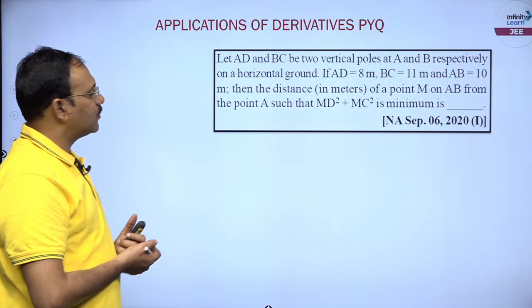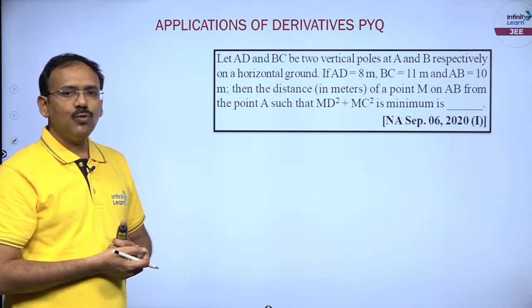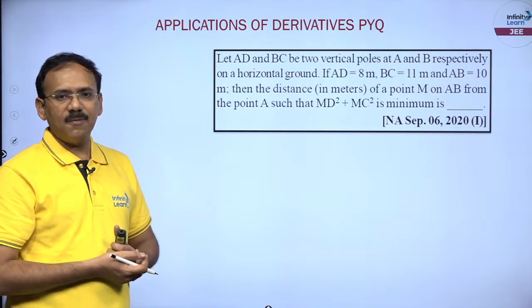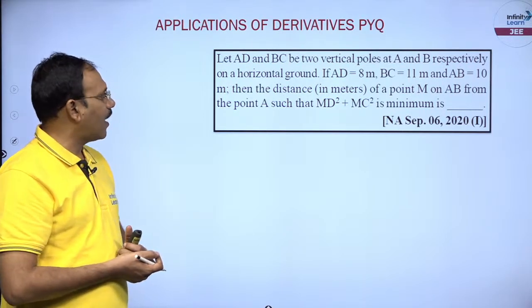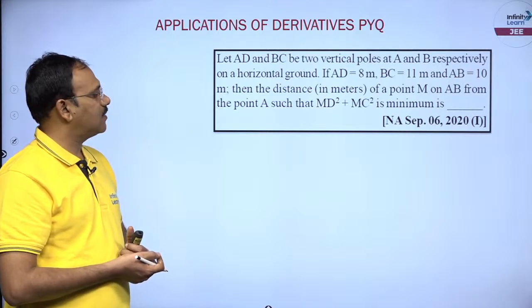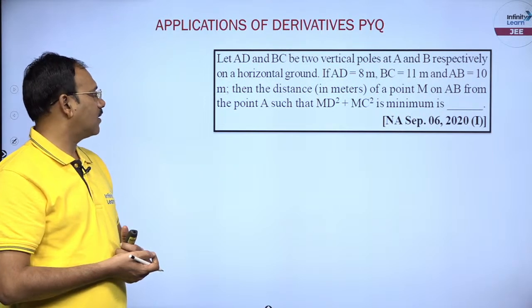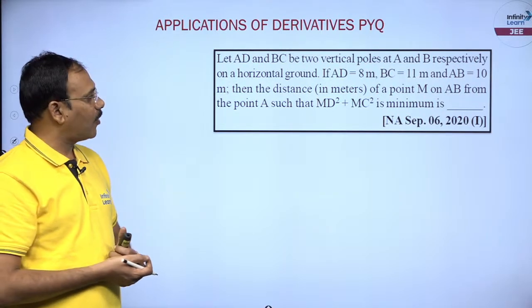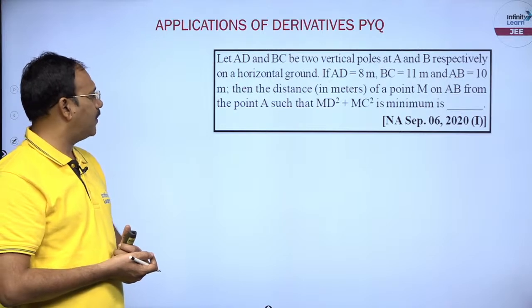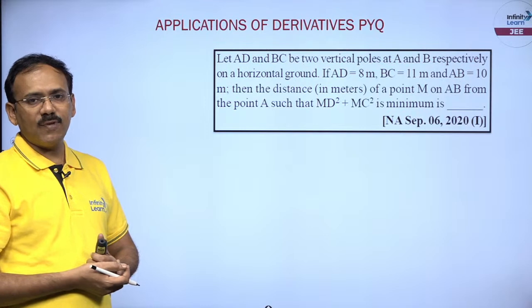Yeah, you see this question: AD and BC are two vertical poles at A and B respectively on a horizontal ground. AD is 8, BC is 11, AB is 10 meters. Then find the distance of the point M on AB from the point A such that MD square plus MC square is minimum.